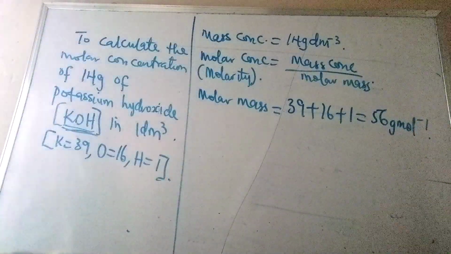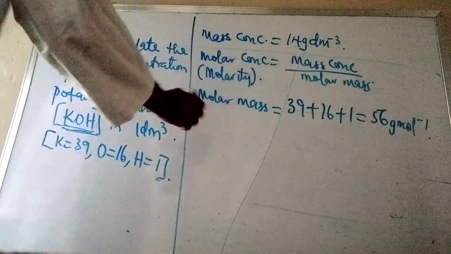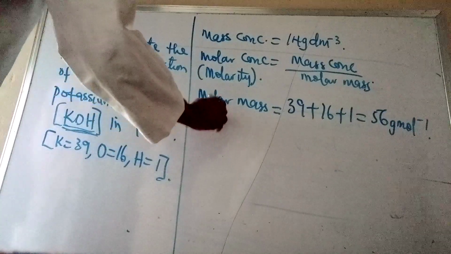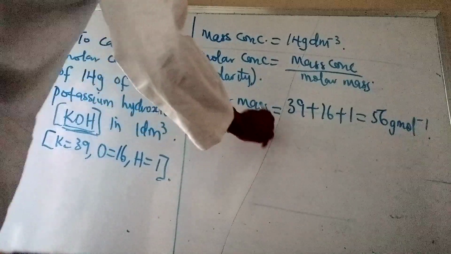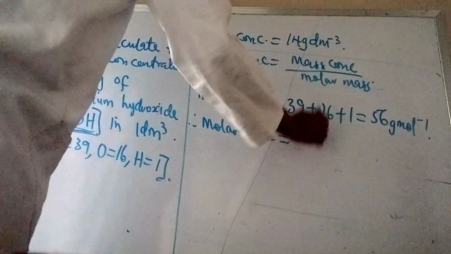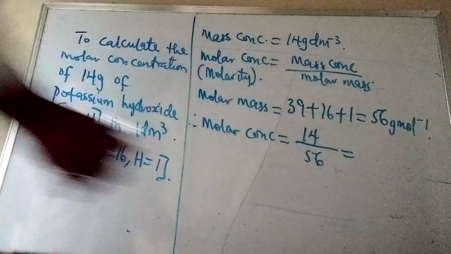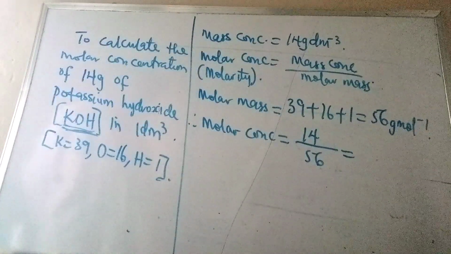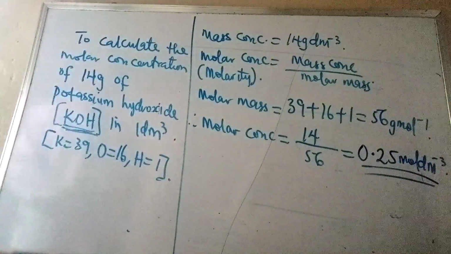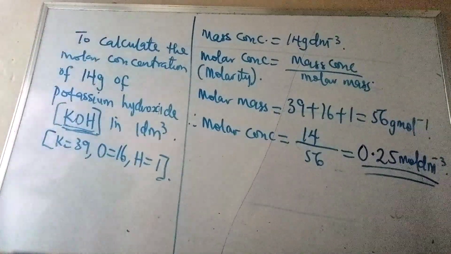Alright. The next thing is to bring in this formula. So molar concentration now will be mass concentration, which is this, over 56. And what would that give us? So the answer is 0.25 mole per dm cube.